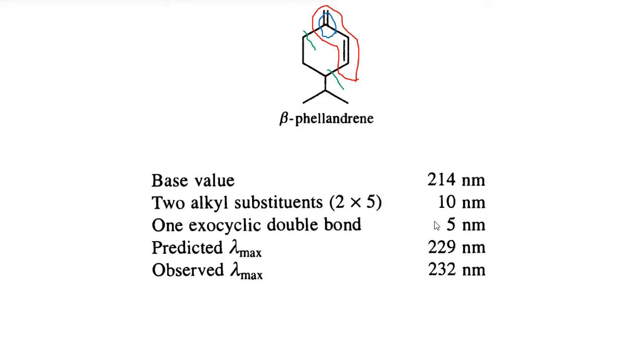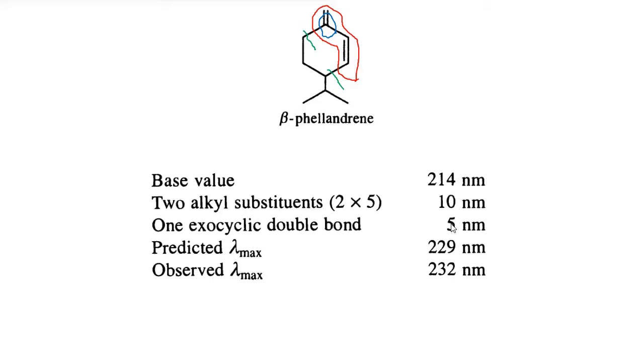So 2 into 5 contributes 10 nanometer. And you can see there is an exocyclic conjugated double bond, projecting outside this ring, which contributes 5 nanometer, so that the total calculated lambda max becomes 299.